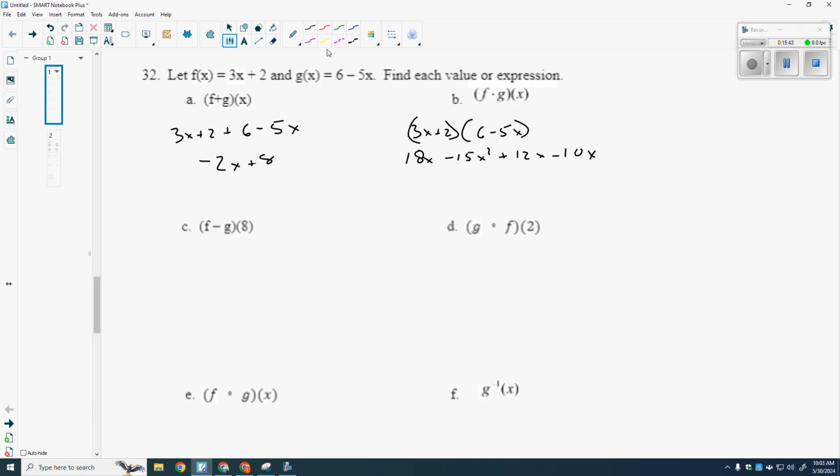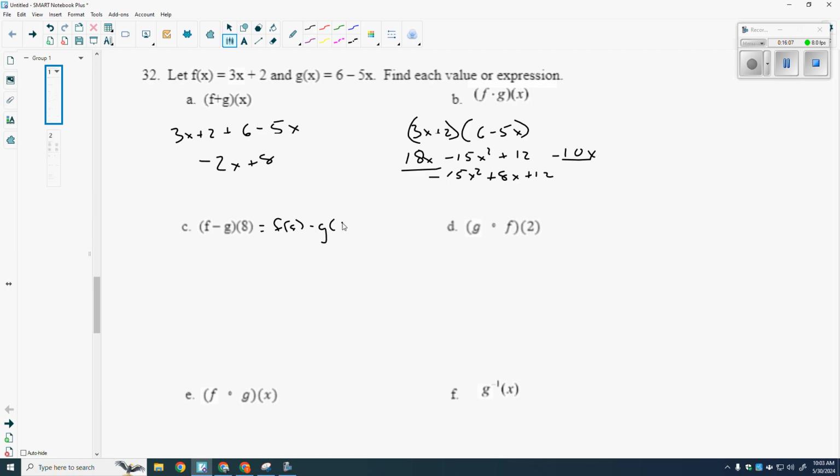Sorry, minus 10x, and there's no x on the 12. Combine like terms, I get negative 15x squared plus 8x plus 12. Simple FOIL.